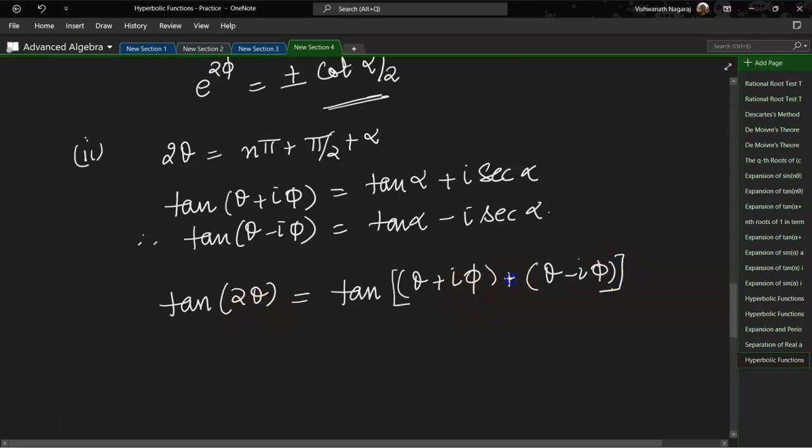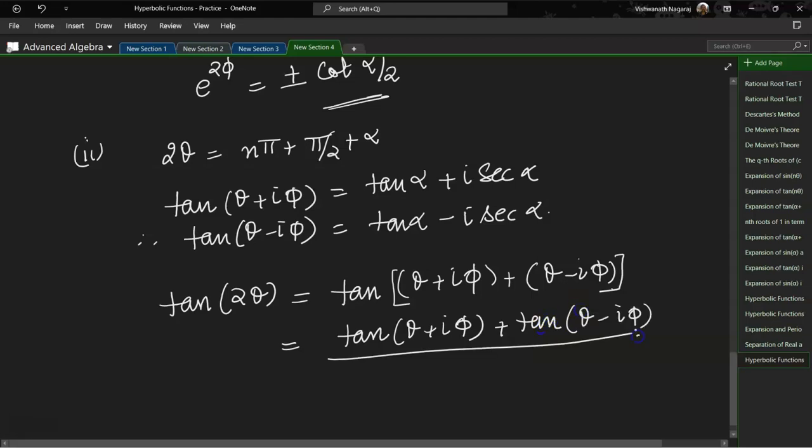So this will be plus, so the 2 theta we have and i phi cancels. Again tan identity, tan A plus B is equal to tan A plus tan B by 1 minus tan A tan B.